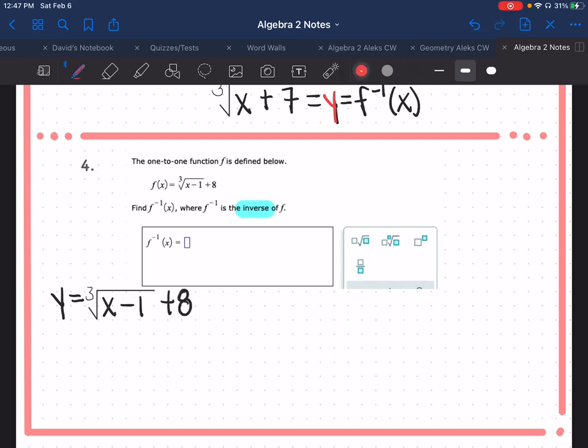Now I'm all set up and I'm ready to do the inverse, which remember, all you have to do is change x with y. X and y just swap places to start. So that's not so hard.